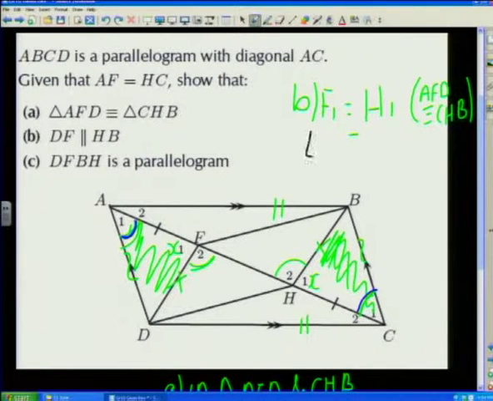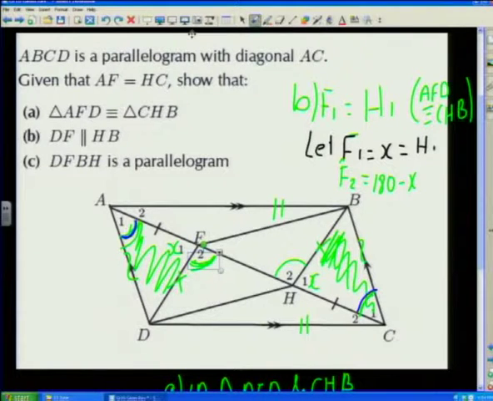So I'm going to say let F1 equal X, and then H1 is also equal to X. Then angle F2, and for some reason the pen keeps swapping color, which is interesting, is going to be equal to 180 minus X, and the reason for that is angles on a straight line. AFC is a straight line, so therefore F2 is 180 minus X. Similarly, H2 is also 180 minus X because of angles on a straight line.